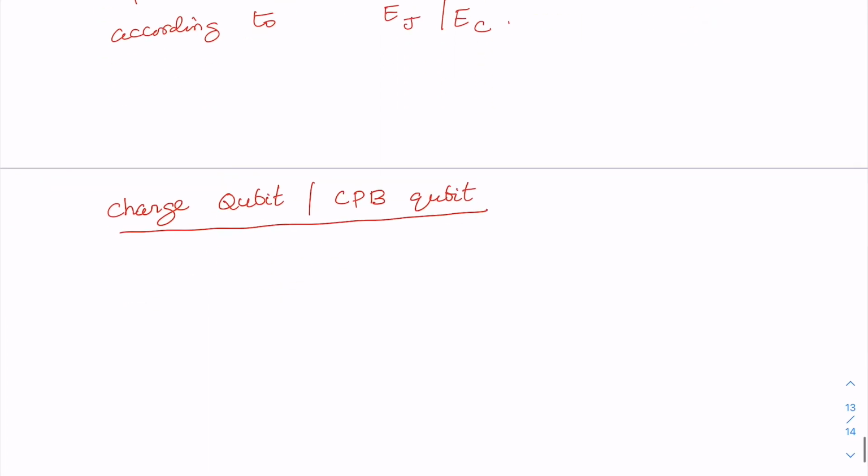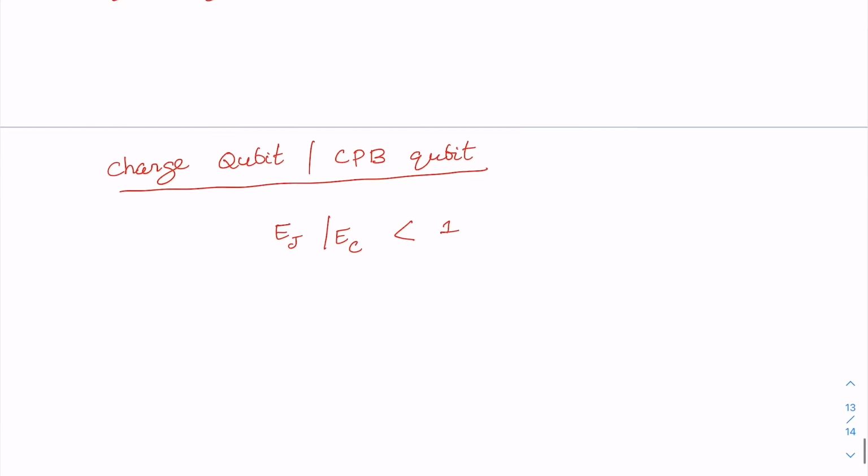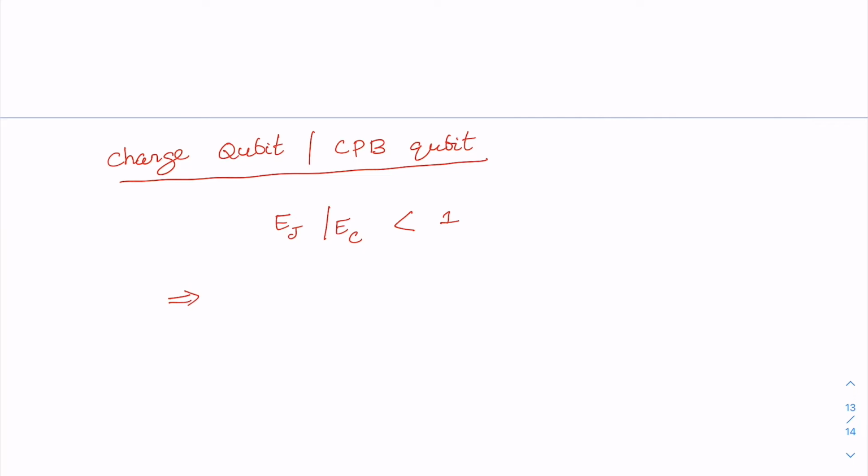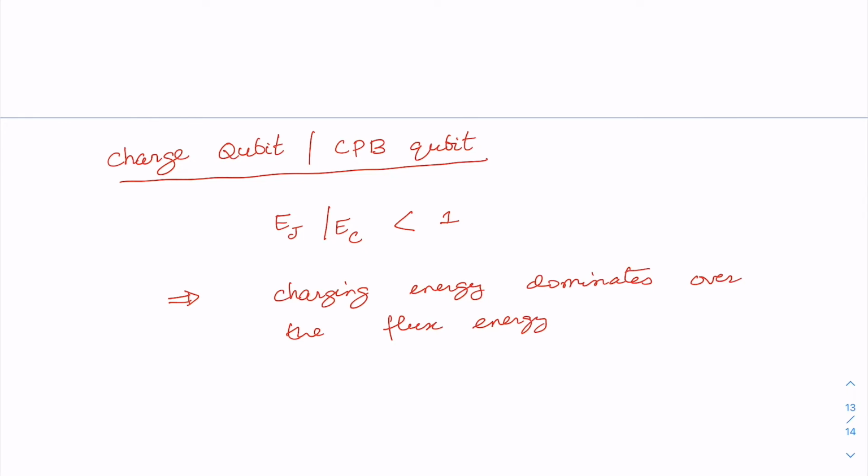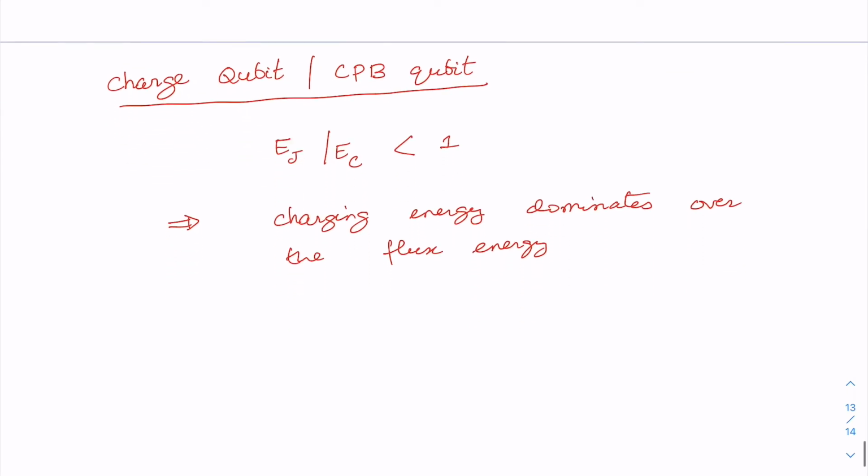In this case, the ratio EJ by EC is less than 1, and this implies that the charging part of the Hamiltonian, the charging energy, dominates over the Josephson energy, which is also called flux energy, or you can simply say Josephson energy.